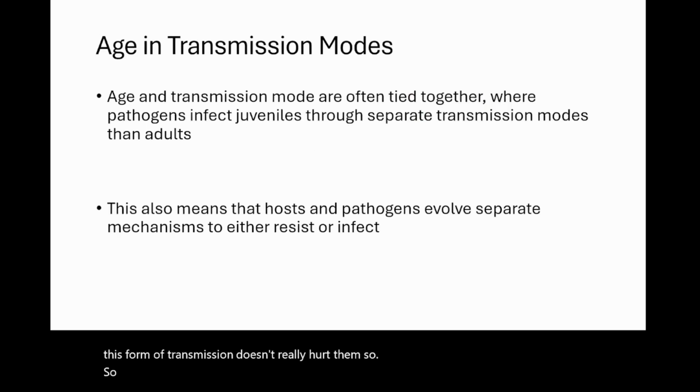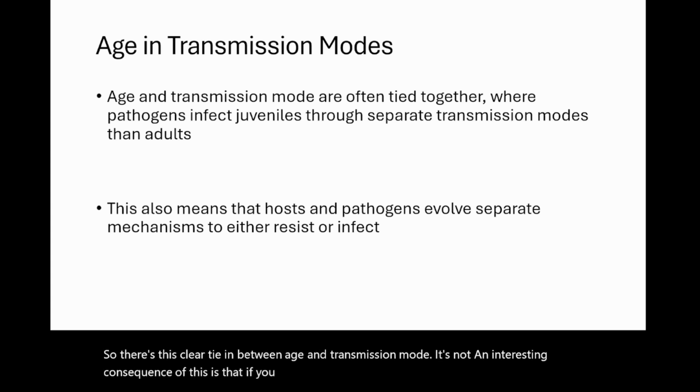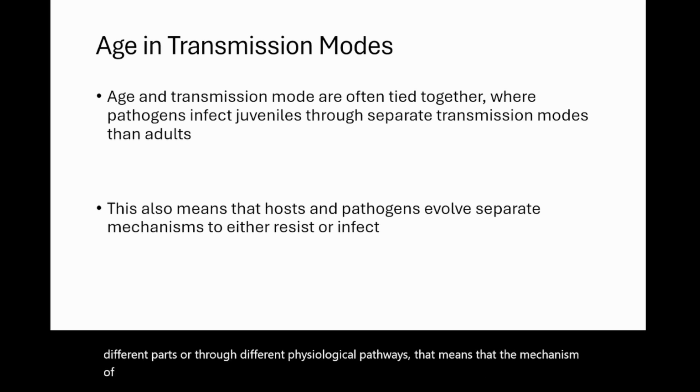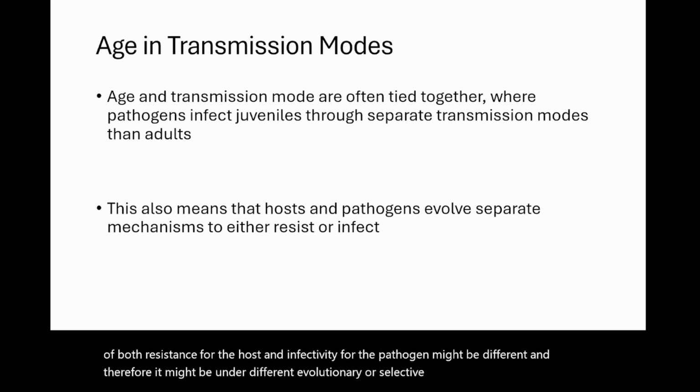So there's this clear tie-in between age and transmission mode, and an interesting consequence of this is that if you have pathogens that are affecting their host at maybe different parts or through different physiological pathways, that means that the mechanism of both resistance for the host and infectivity for the pathogen might be different and therefore might be under different evolutionary or selective pressures.